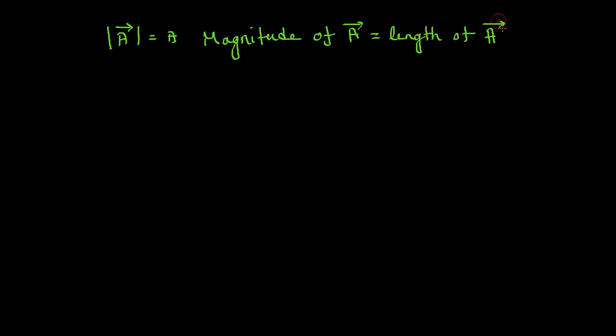It will come under the modulus, and then we get the magnitude, that is A. It means the magnitude of A vector is nothing but the length of A vector. Hope it is clear. Similarly B, C, D, whatever you like.